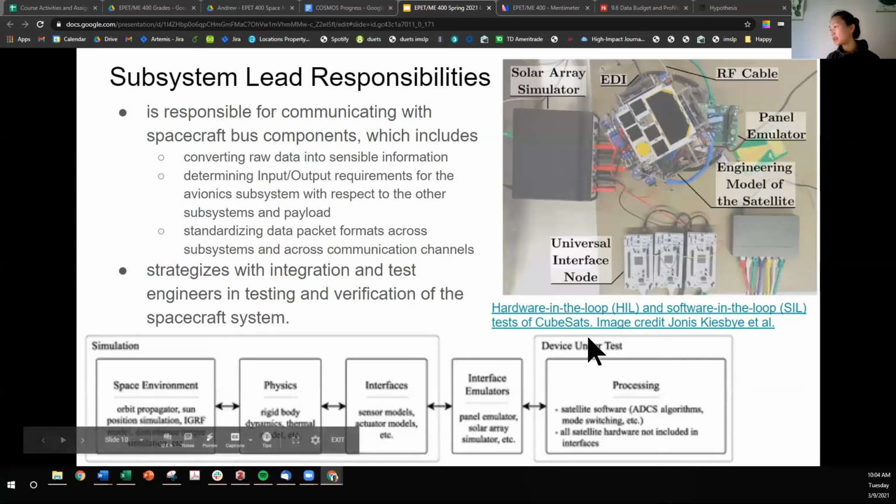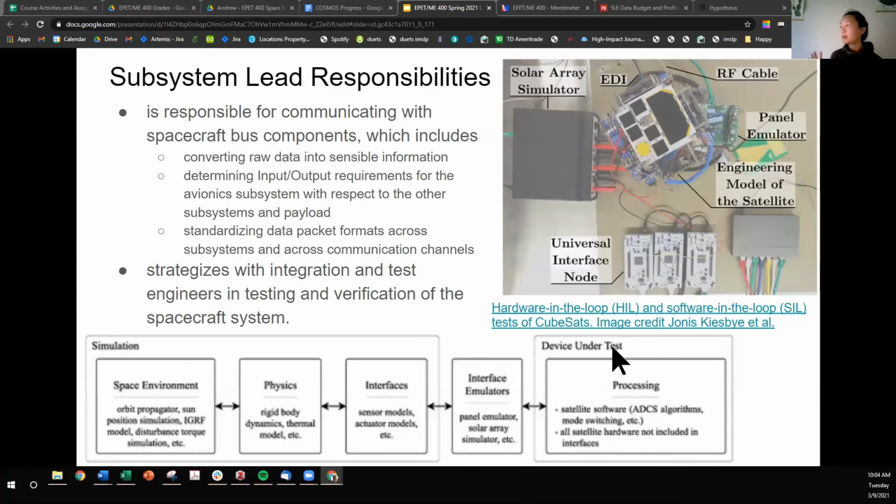And then the device under test. So all of this is testing software. The device under test, you would want to have actual flight software that you want to fly that is being tested. And you also want this device under test to be as similar to the physical configuration that it would be as a fully integrated satellite.